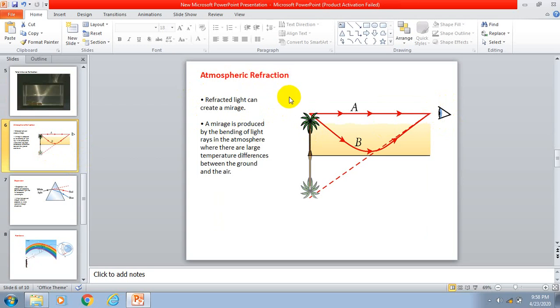Atmospheric reflection now. How the atmosphere can affect. A reflected light can create a mirage, okay. A mirage is produced by the bending of light rays in the atmosphere where there are large temperature differences between the ground and the air.